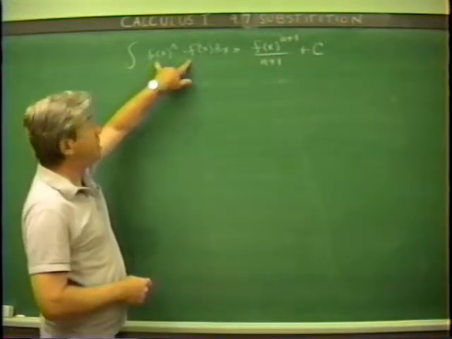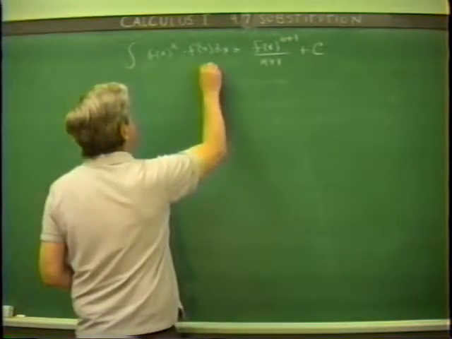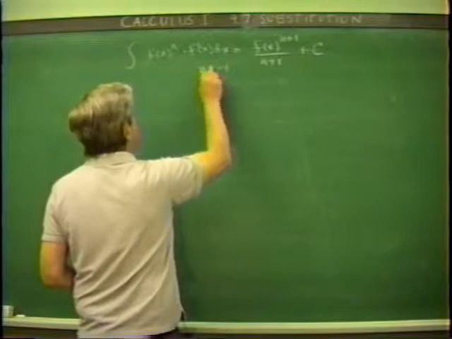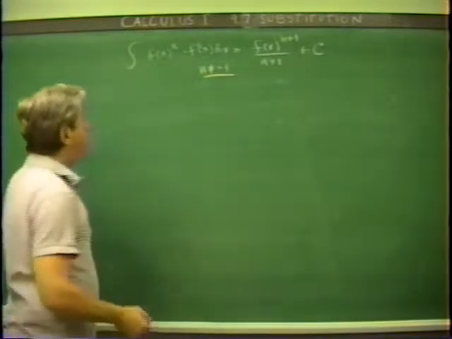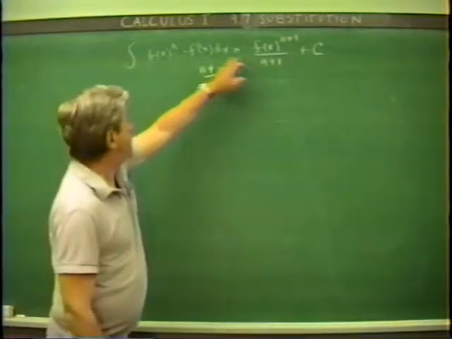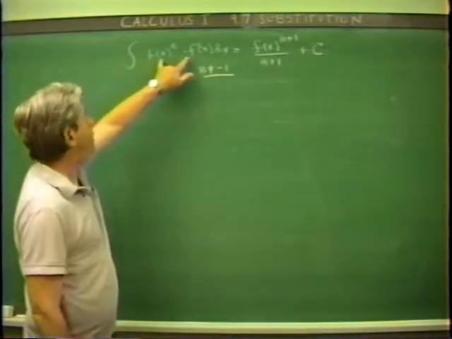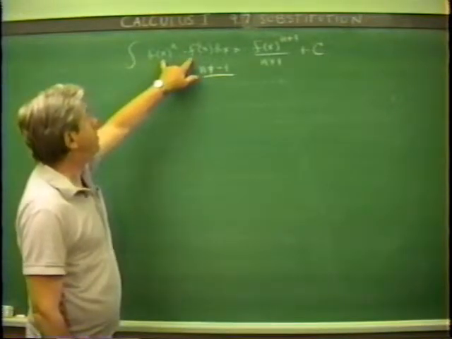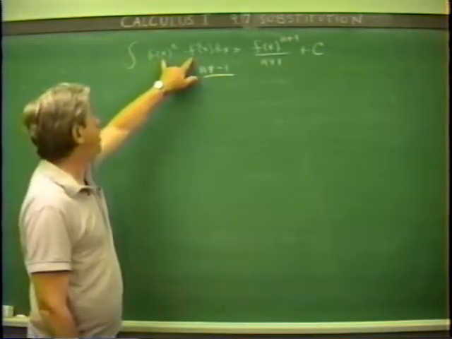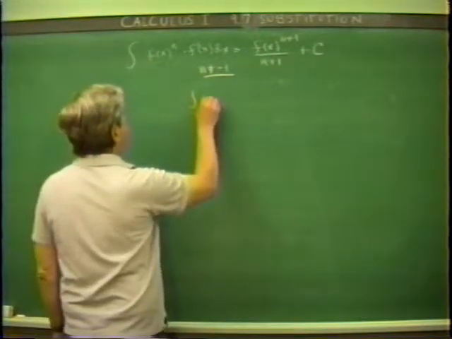You could either get it by differentiating this and finding that you get f of x to the n times f prime of x. And this actually holds for all n except for minus 1, where of course it doesn't make sense. You can differentiate this to get this, or you can get this formula also by using the substitution u equal f of x.